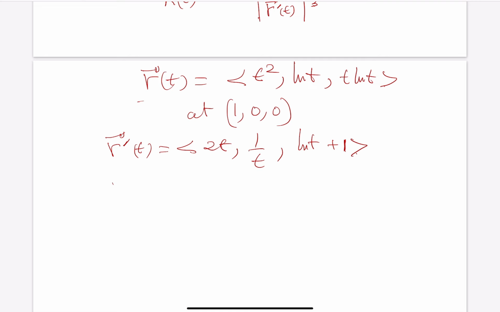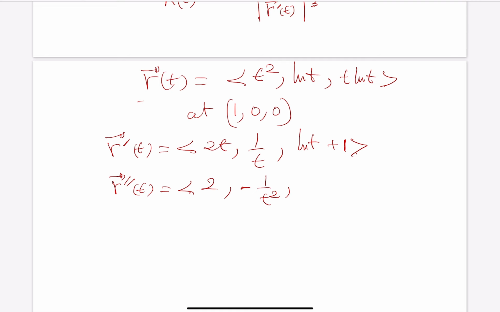The second derivative of the vector function: take the derivative for this one, you have 2, and the derivative for this one, you have negative 1 over t squared. And the derivative for this one, you take the derivative of the whole thing, because this one is a number, if you take the derivative you have 0.